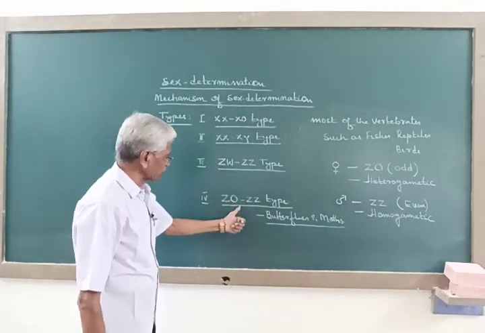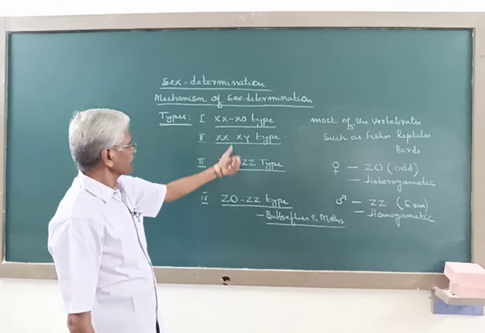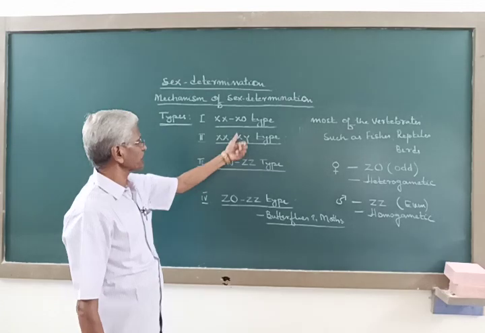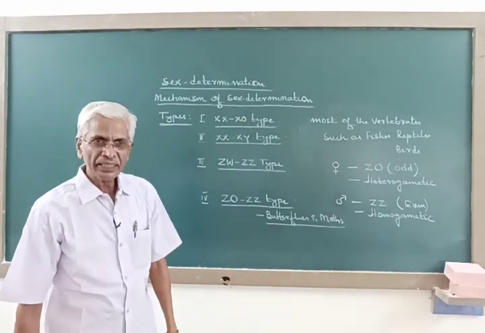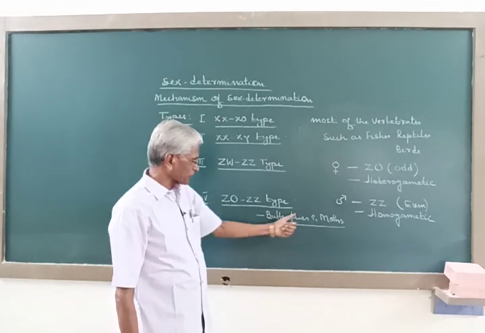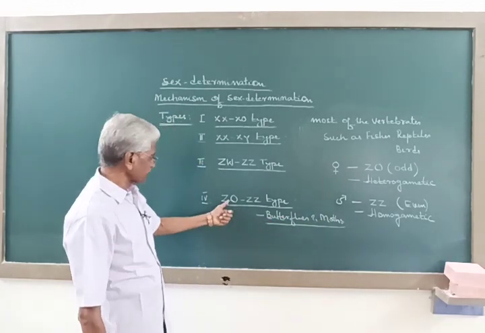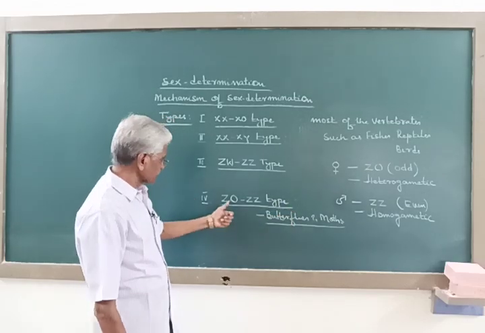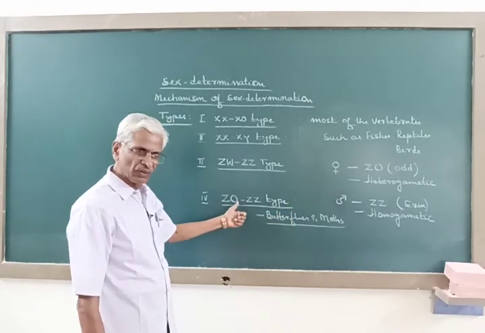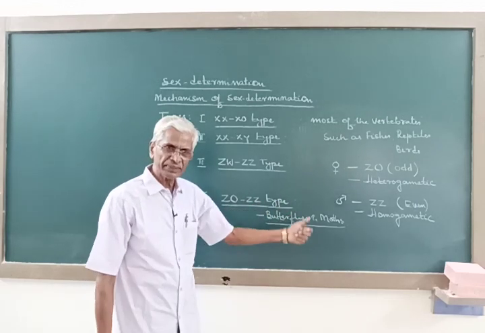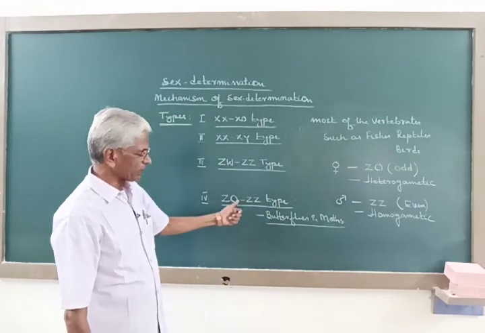So in these two mechanisms, the mechanism is exactly converse to the earlier two mechanisms. So here, in the case of butterflies and moths, the mechanism is ZO-ZZ type. ZO makes the offspring to become female, and ZZ makes the offspring to become male.